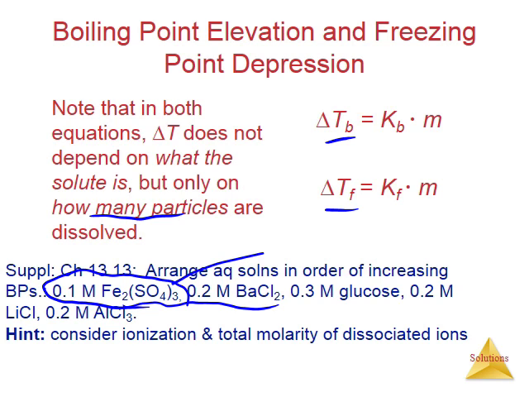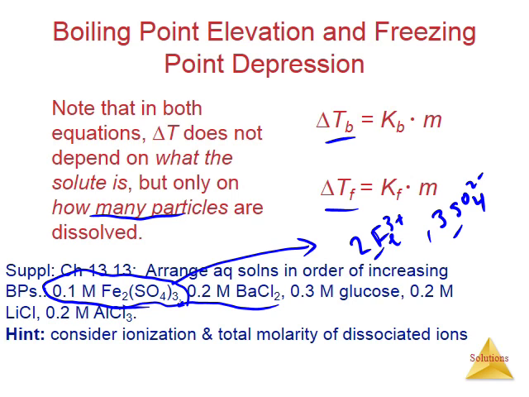But let me show you how we can find out the number of particles. Ferrous sulfate, that would break down into, this is ferric sulfate, I'm sorry, this is not ferrous because of this 3. So that 3 came from iron plus 3. So 2 Fe3+ and 3 SO4 2-. So altogether there are 5 particles.